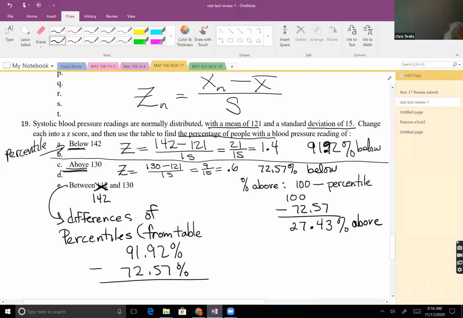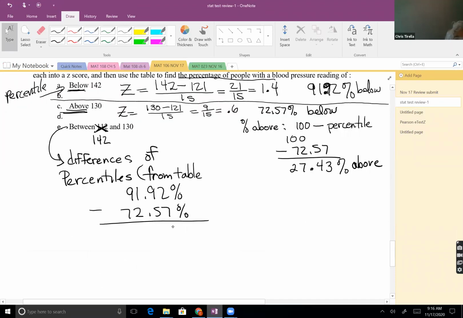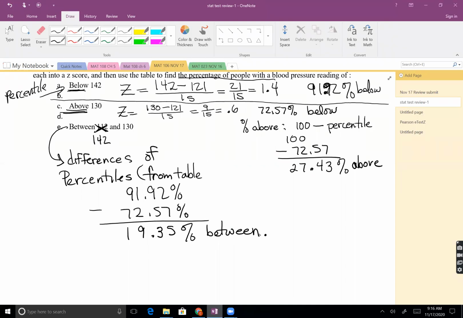And so when I subtract, I get 19.35% between. And somebody check my subtraction. Am I writing? Yeah, I got that. Okay. And that's it.